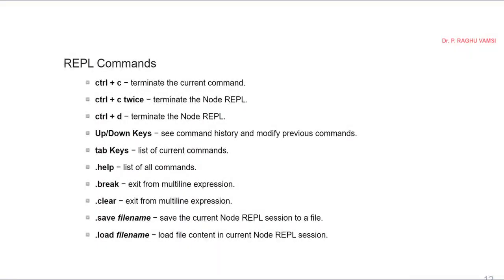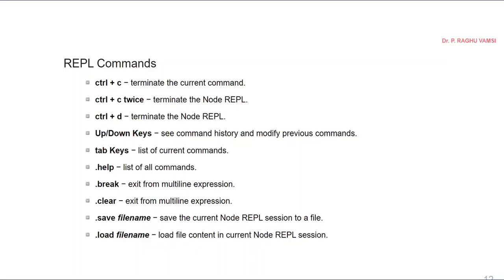And here are the REPL commands. Control plus C terminates the current command prompt. Control plus C two times will terminate the node REPL terminal. Control plus D terminates the node REPL. Up and down keys get the previous commands and the latest commands that you have entered. Tab key completes the current command.